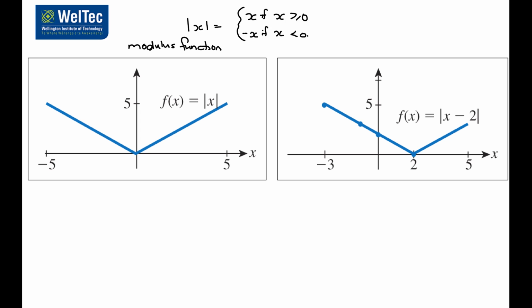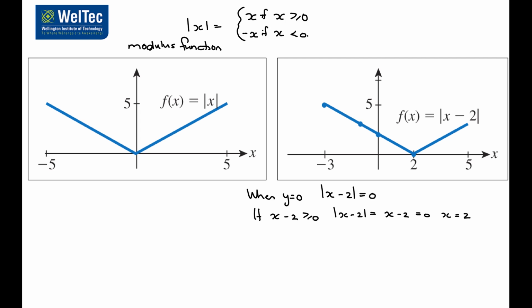As with drawing any graph, we'd look at the various intercepts. We'd say when y is equal to 0, then that means that the absolute value is going to be equal to 0. And we know that if x minus 2 is positive, then x minus 2 equals x minus 2, and that's got to equal 0. So x equals 2.